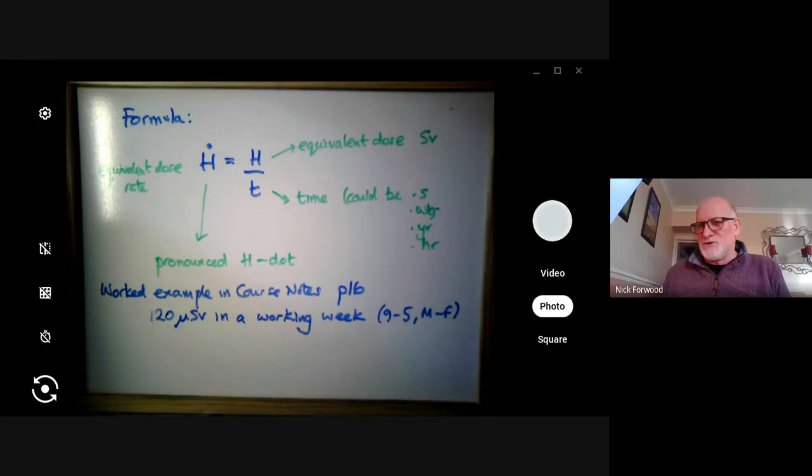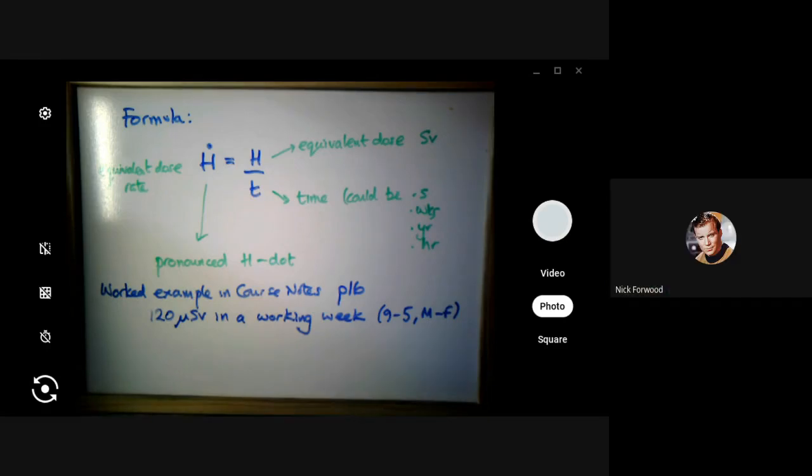So 9 till 5 is 8 hours, and Monday to Friday is 5 days. So for how long are you being exposed to that radiation when you're at work?